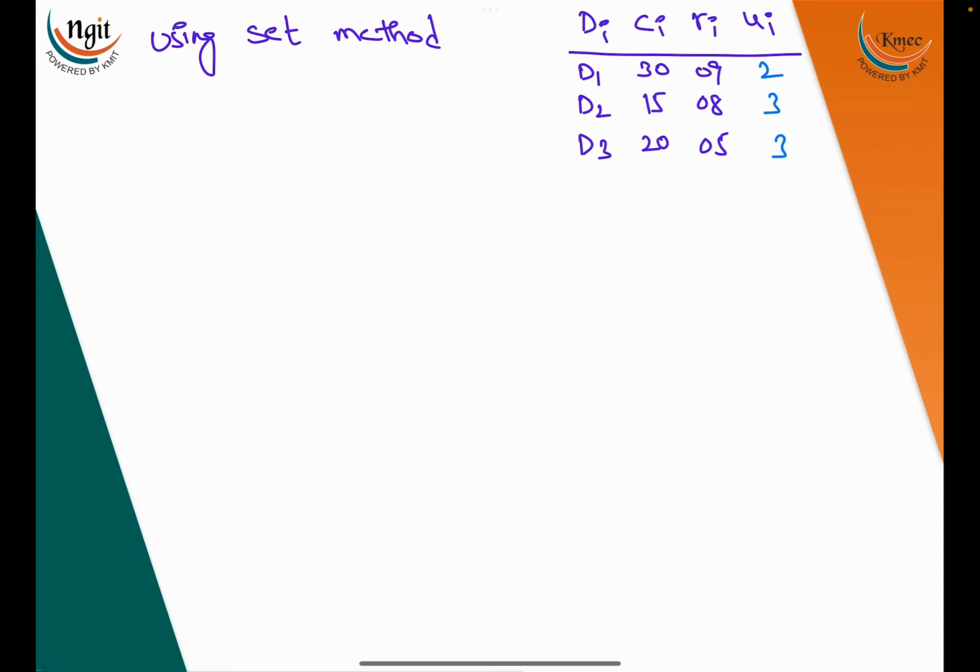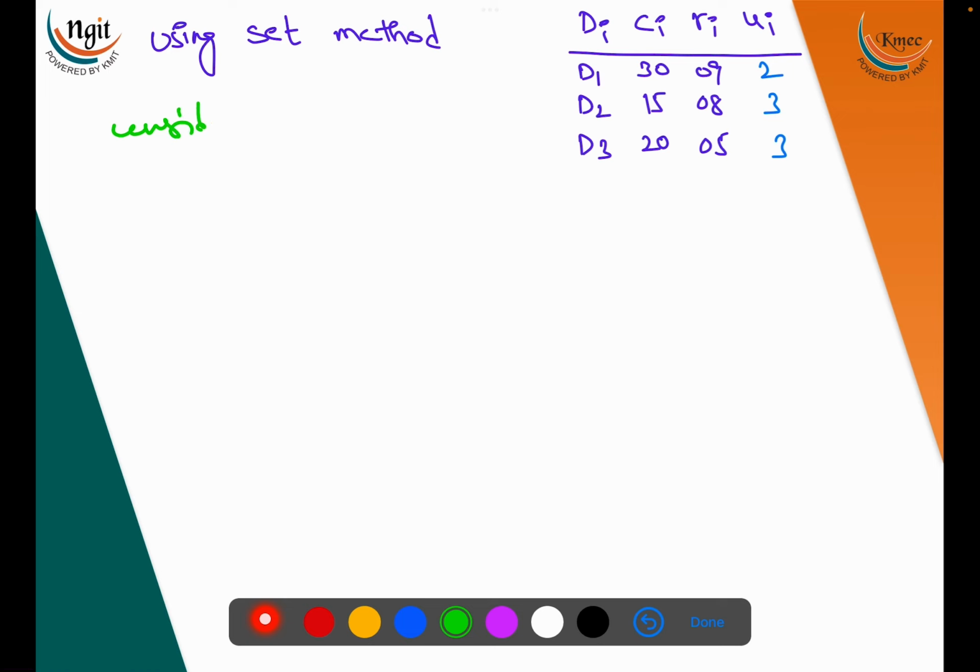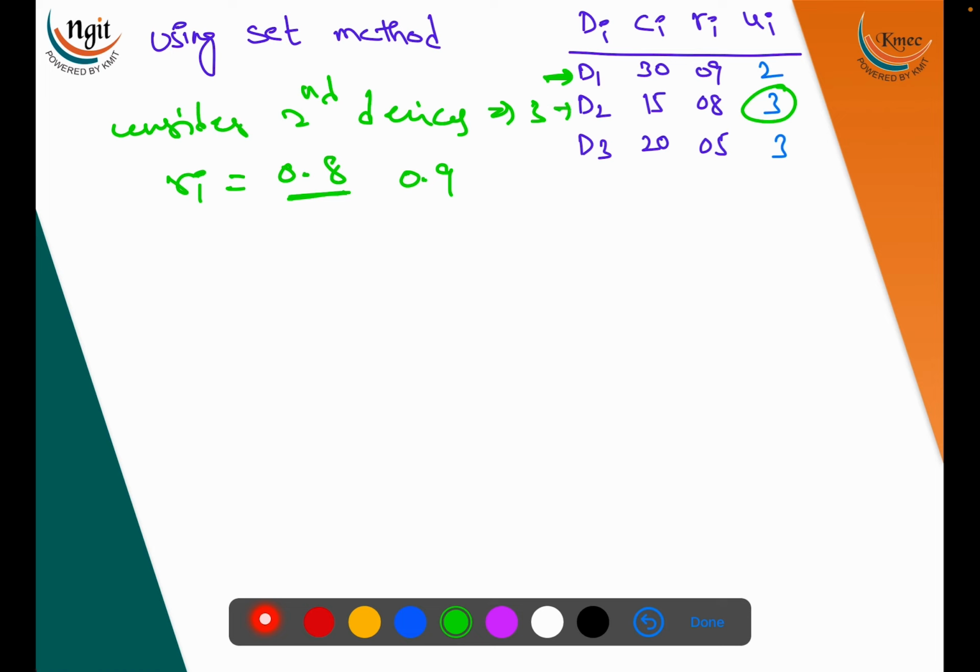Now come here. Consider the second device. The second device has 3 copies. Now I am taking the first copy. The reliability value is 0.8. Now we have to multiply this with 0.9. Why? Because I am going to take D1. We already had D1 in our reliability problem, and now I am including D2.